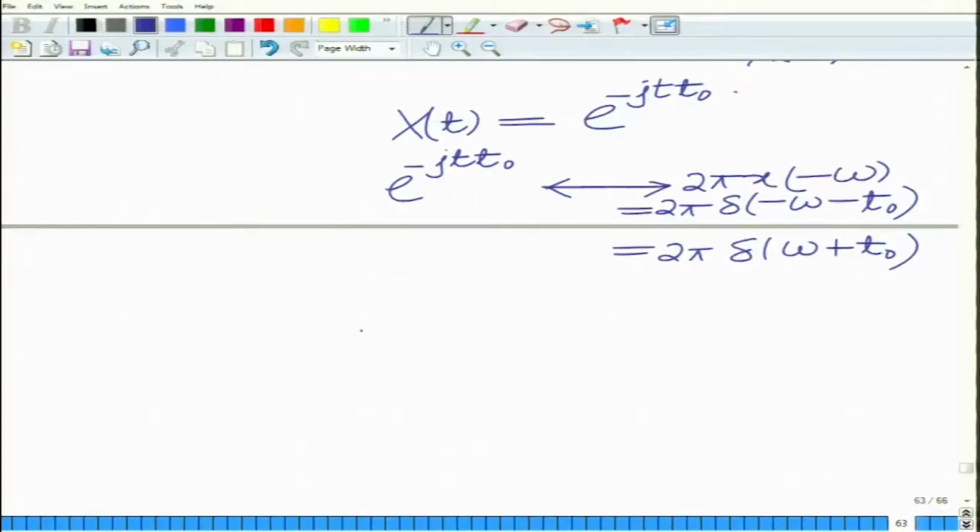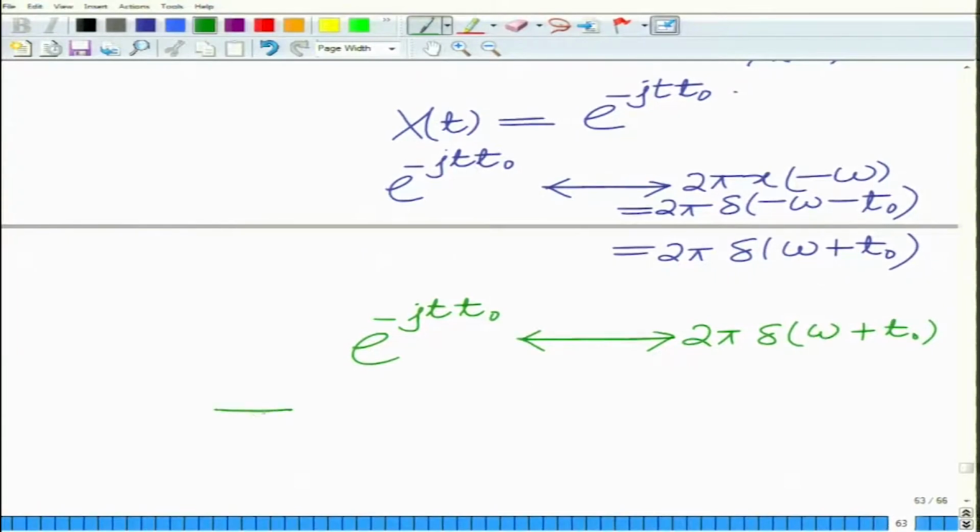Okay. So, basically what we have using duality is that e raised to minus j t naught t has the Fourier transform 2 pi delta of omega plus t naught.